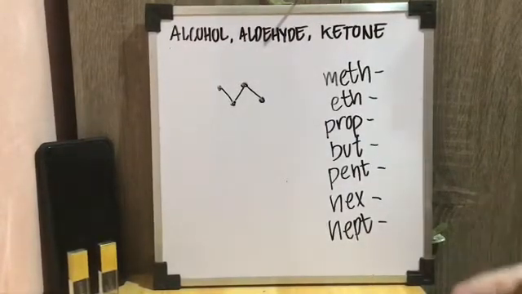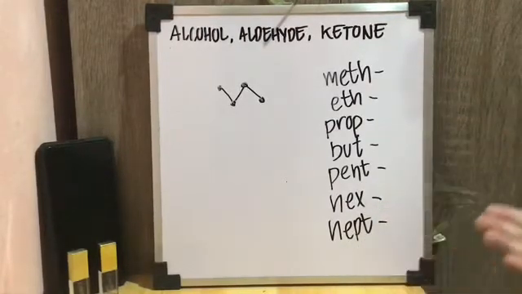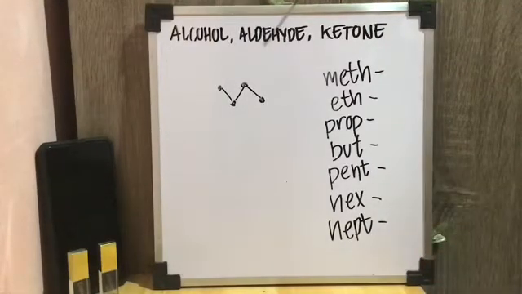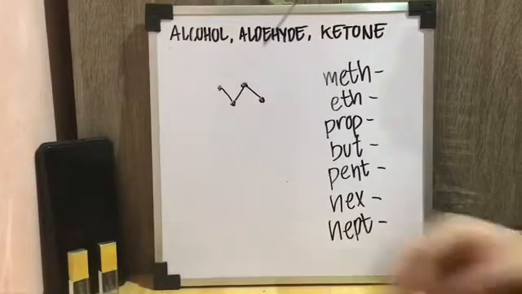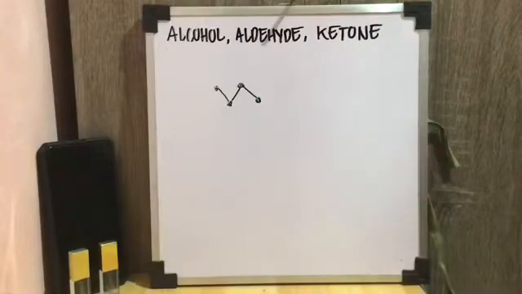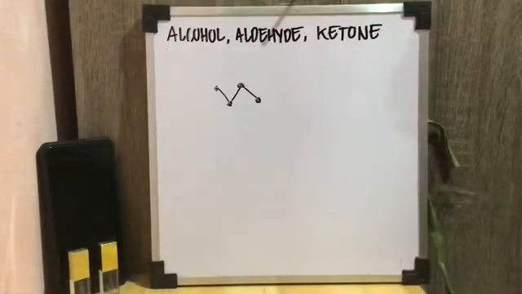You may search Google Images for the actual prefixes that you need to use when naming such organic compounds. It is what we call the IUPAC nomenclature. Now that we have the prefixes out of the way, we will move on to the suffixes that you need to use when naming the compound.